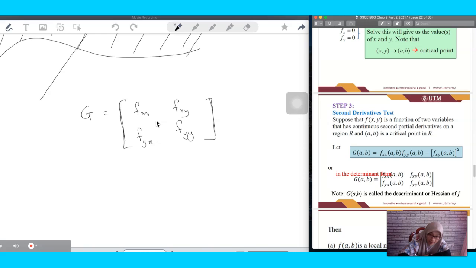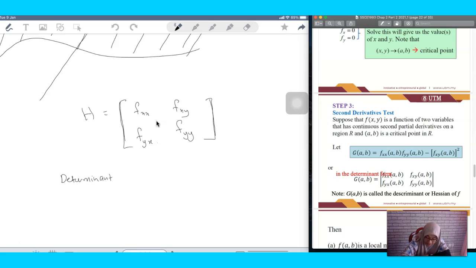So actually this one is the Hessian matrix in terms of x and y.